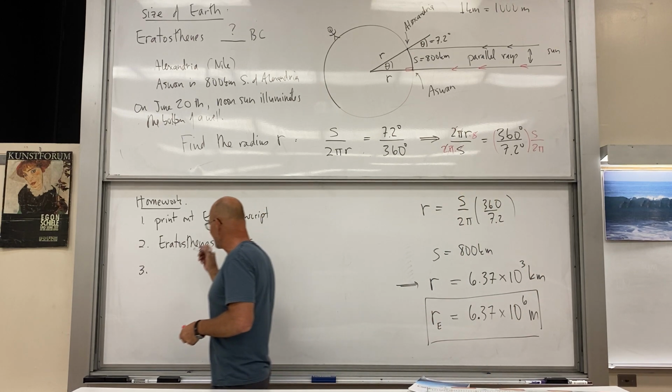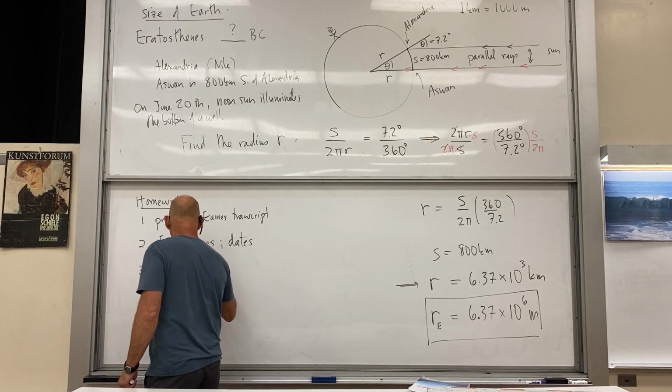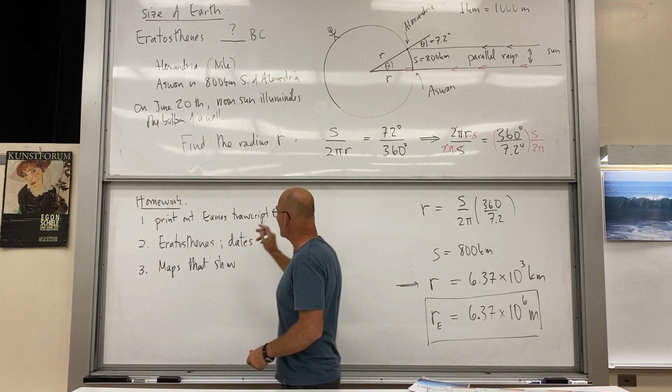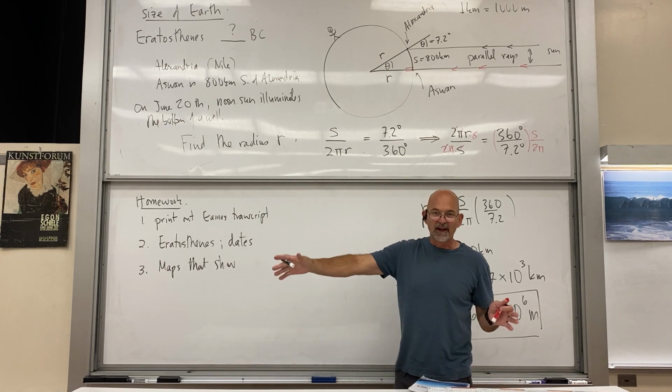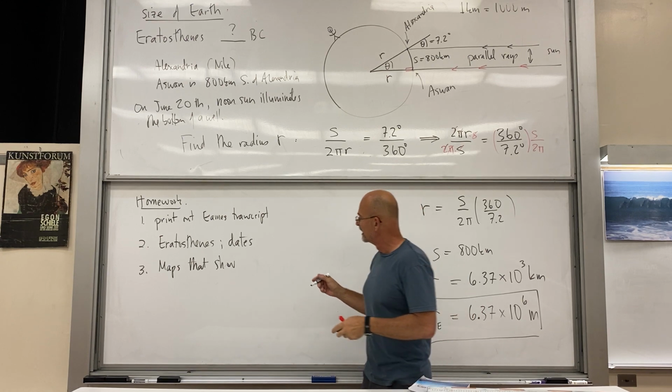So what we want is maps that show Egypt, the relation to the Mediterranean and Africa, so maybe a larger scale, then zoom in a bit.